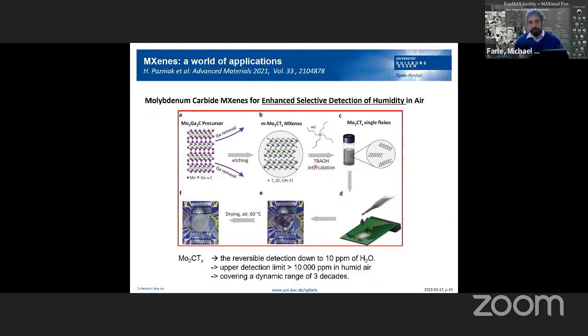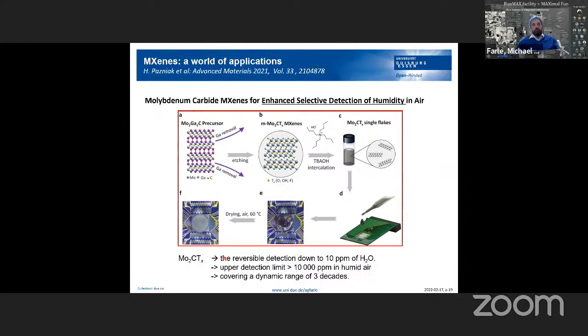T is usually some tetra probably, and B is butyl, and A, I don't know. So I would also have to look it up. So chemically stabilized, then you have these flakes. You put them on a chip to have an electrical contact, so it looks like that. You dry that in air, and then you have a sensor for humidity in air.